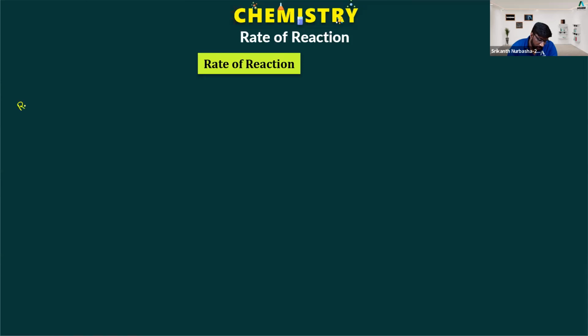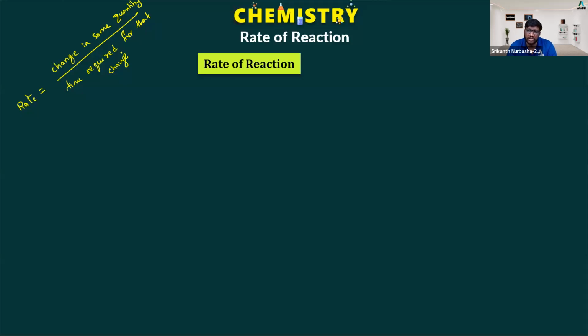Rate is nothing but change in some quantity divided by the time required for that change. So generally, what is the quantity that changes in a chemical reaction?